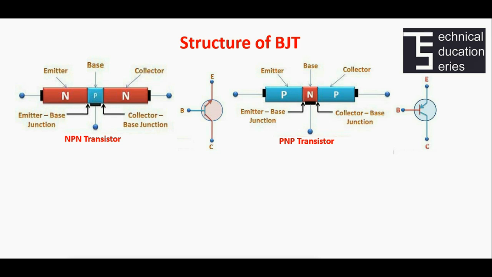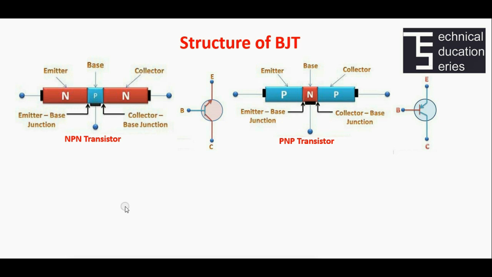The symbols of the NPN transistor and the PNP transistor are shown. In the symbol, you can see an arrow mark in the emitter lead of both transistors. It actually indicates the direction of conventional current, or we can say the direction of the hole current.